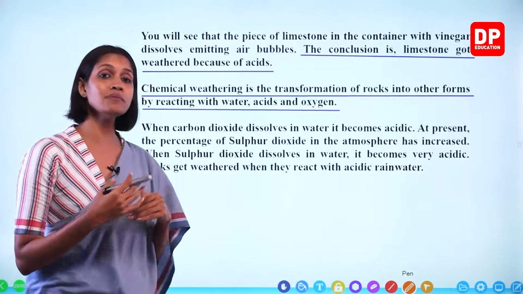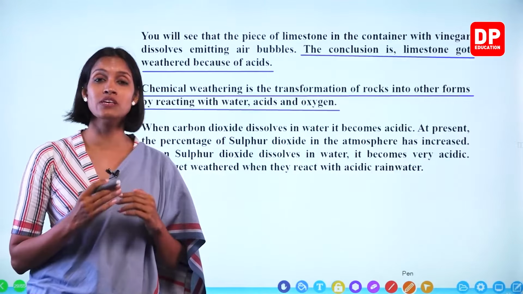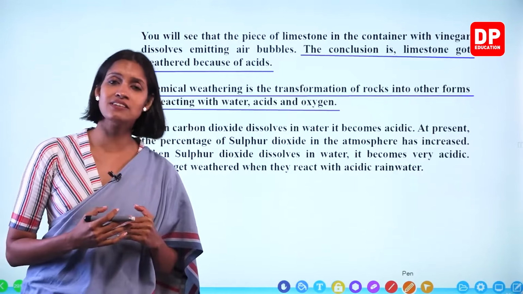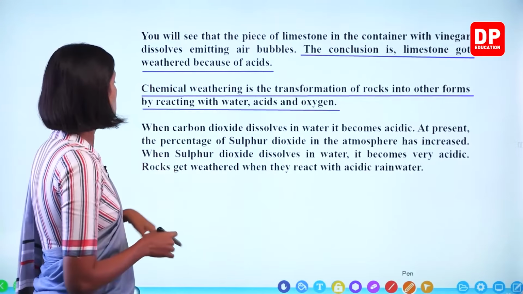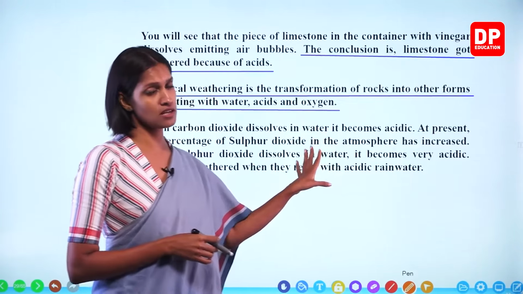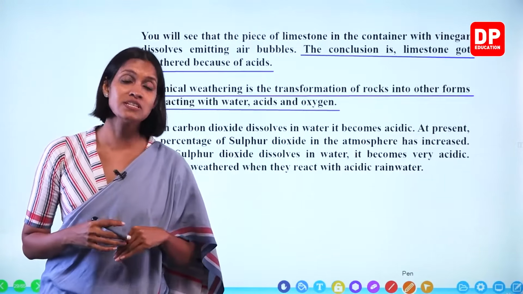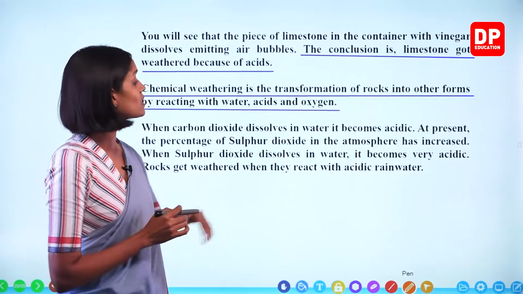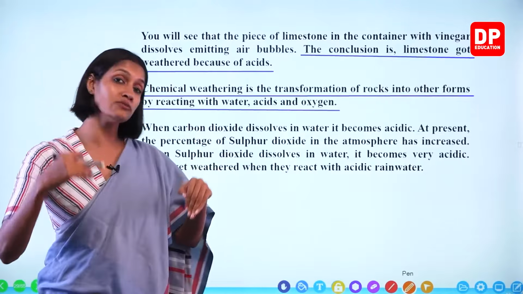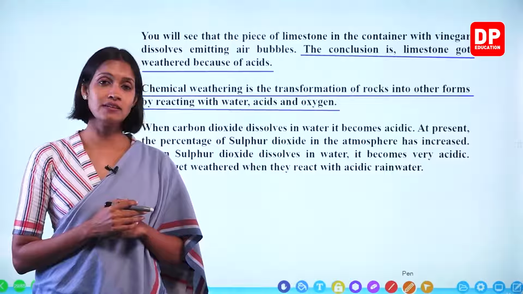Most of the time, this weathering of rocks due to chemical substances takes place because of acid rains. What are acid rains, children? When carbon dioxide dissolves in water, it becomes acidic. You all know that carbon dioxide is a type of gas present in the atmosphere. So when carbon dioxide dissolves in rainwater, what happens? Rainwater becomes slightly acidic, right?